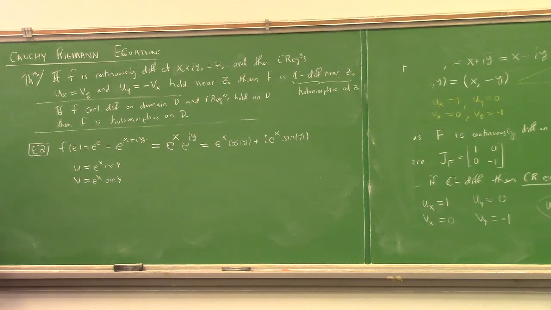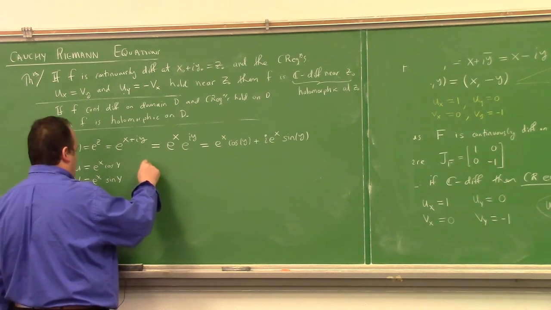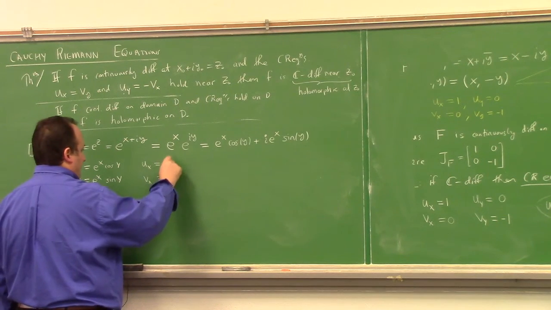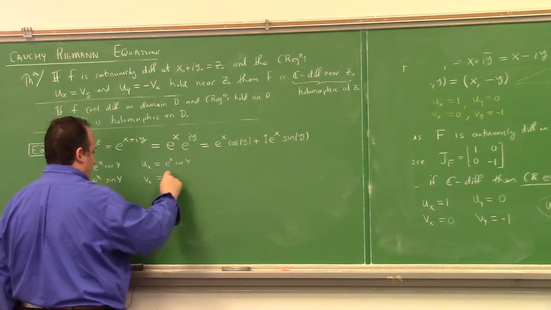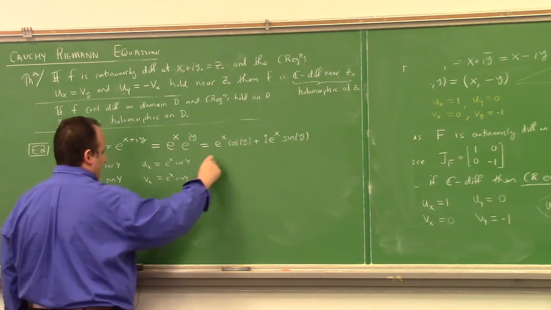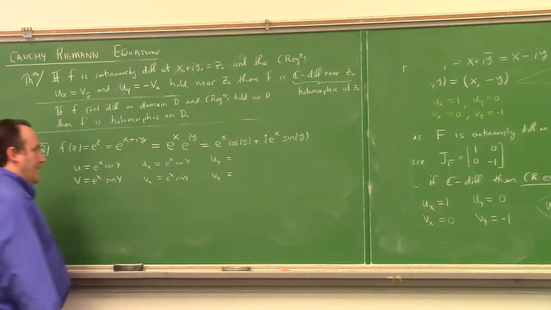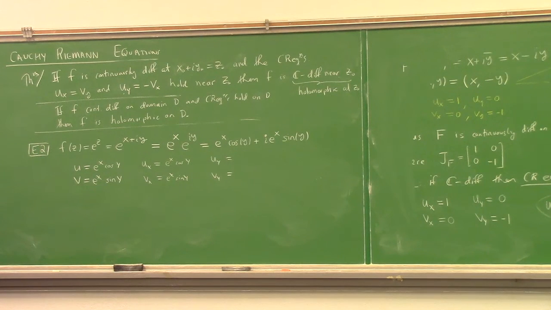What's u_x? What's v_x? So u_x is equal to u, v_x is equal to v.